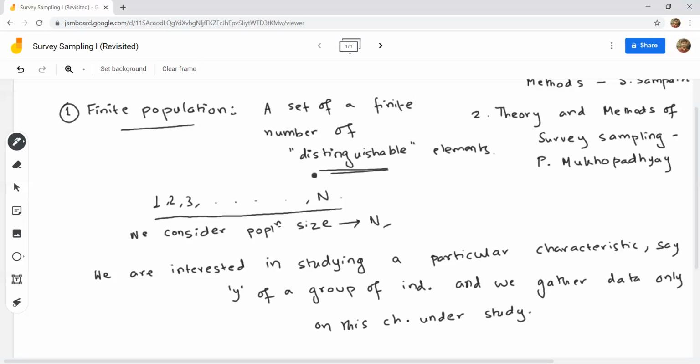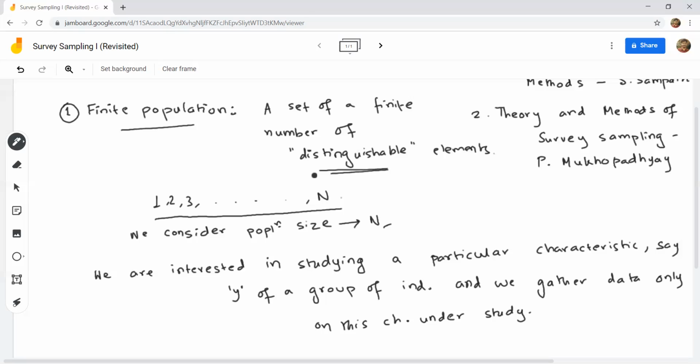I will not bother about the redundant data. I'm not bothered about where the person is living, or what his blood group is, and so on. For example, if I'm interested in his height, I will ask directly for his height. I'm not asking about his blood group or his address. Those types of redundancies we are neglecting.